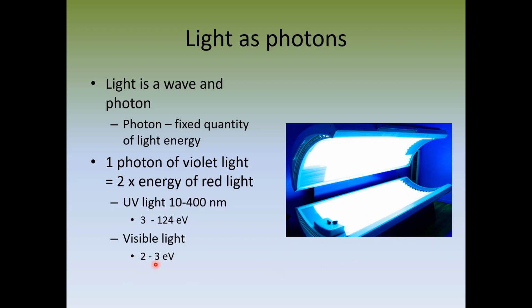Whereas visible light only has between 2 and 3 electron volts of energy. It's not going to do that ever, right? So when you go to the tanning bed, or even if you just lay outside, you're throwing a bunch of UV light at your body, and your body reacts to it and says, I don't like this, and it creates melanin. And the melanin then is a pigment that absorbs that UV light before it can get to the base layers of your skin.